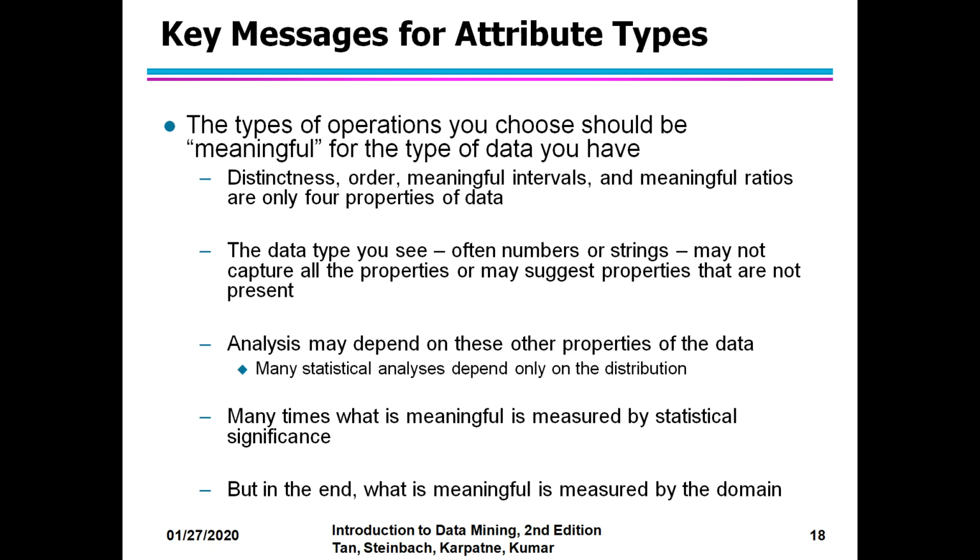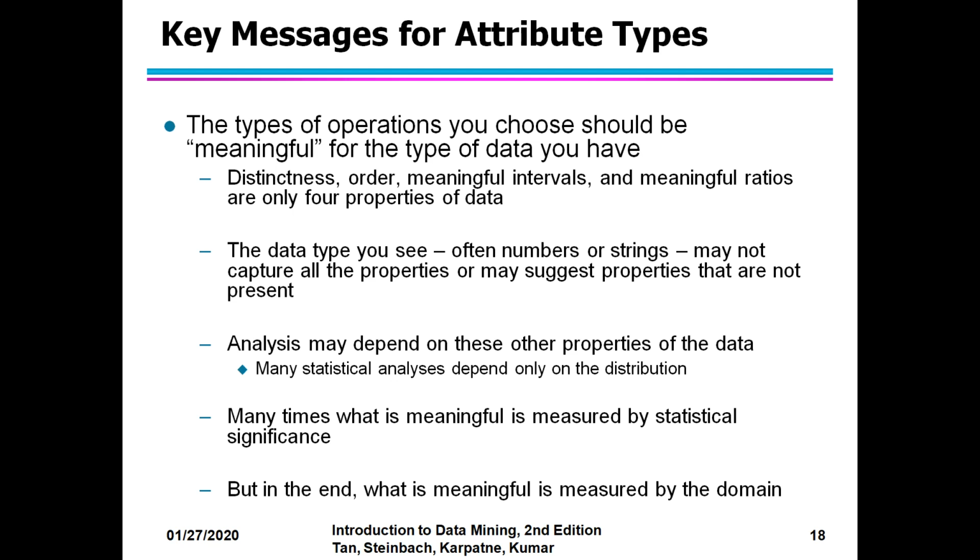Distinctness is one property of the data, order is another, meaningful interval is another, and meaningful ratio is also another property of the data.